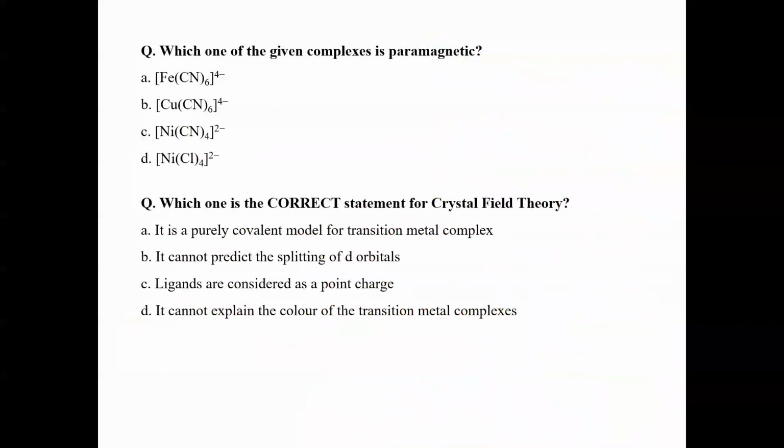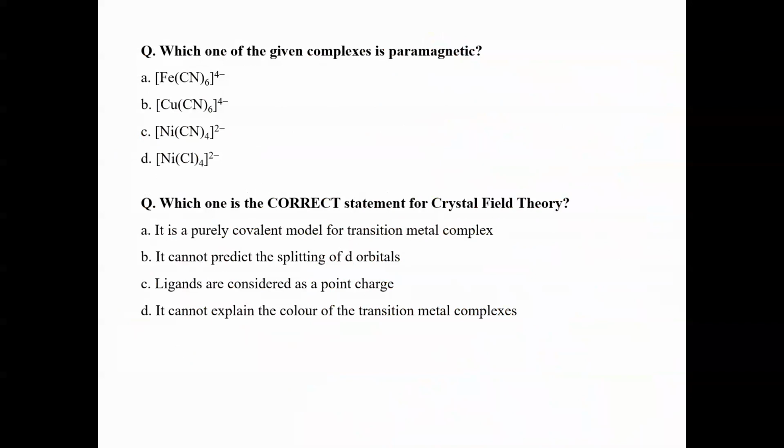So the next problem: which one of the given complexes is paramagnetic, right? You have to just select the complex in which the metal ions have unpaired electrons. If I talk about a diamagnetic complex, there will be no unpaired electrons, or the electrons will be paired up. Just write their electronic configuration and get the information, right?